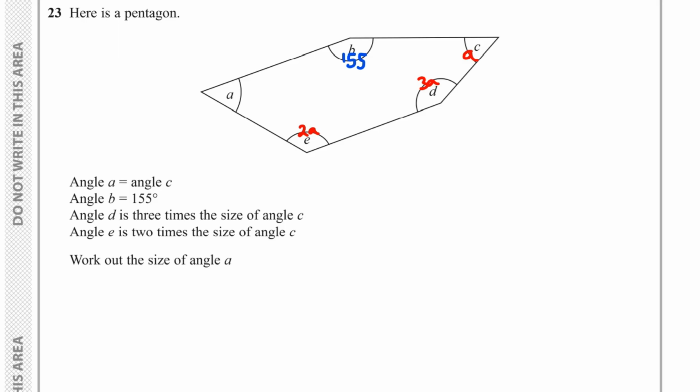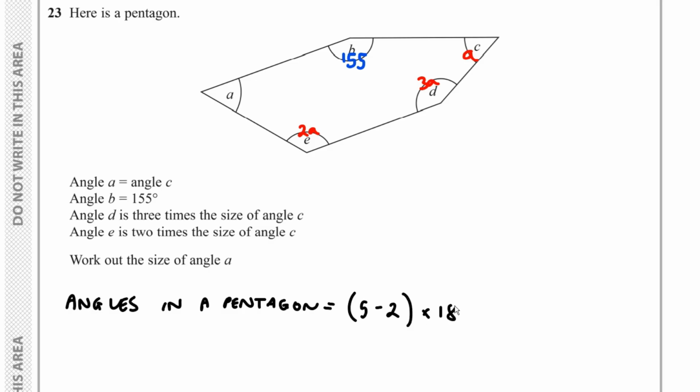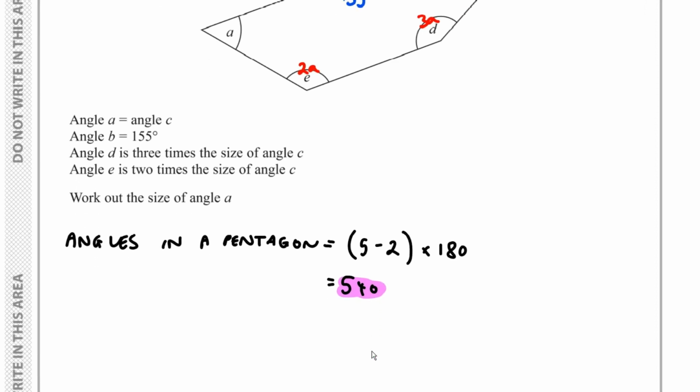So what are the sum of all the angles in a pentagon? So here we're going to have 5 take away 2 times by 180, which is equal to 540. That's what the angles in a pentagon equal.